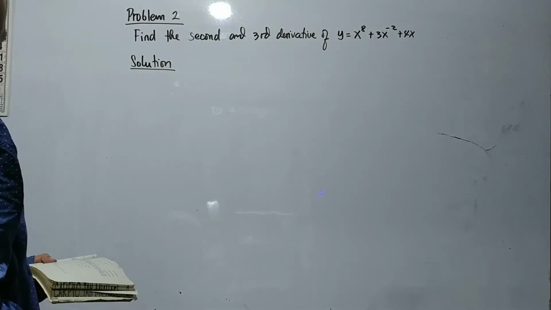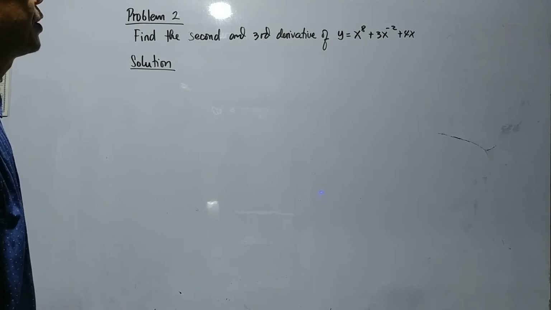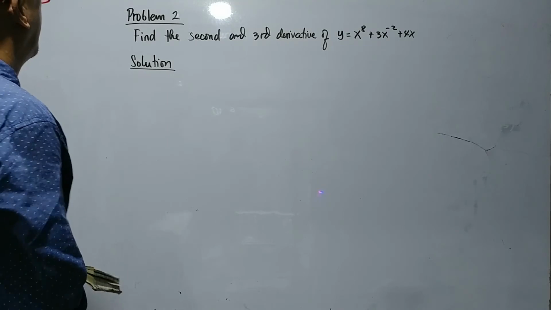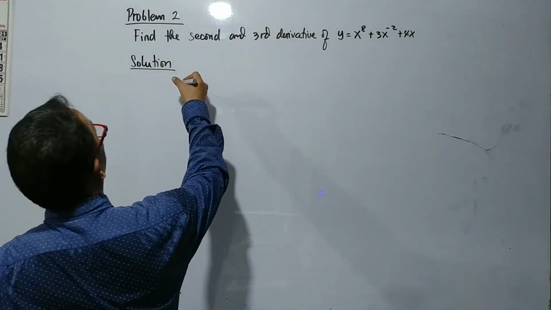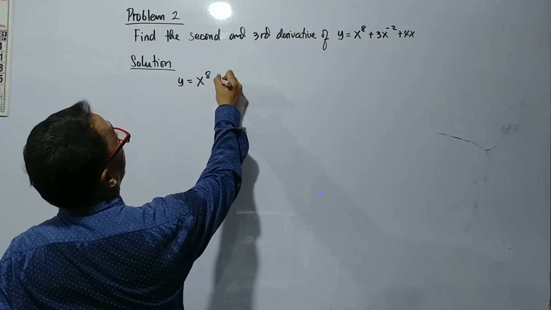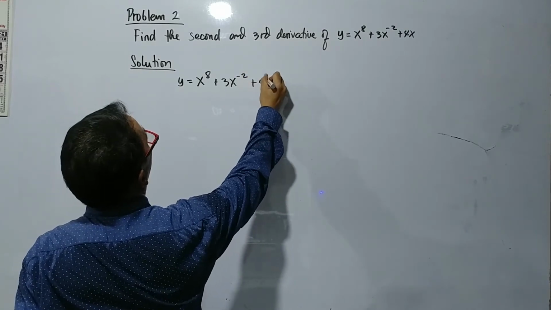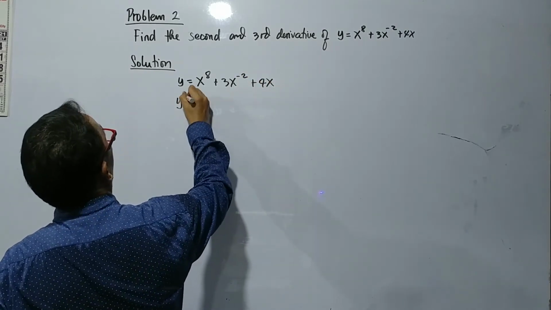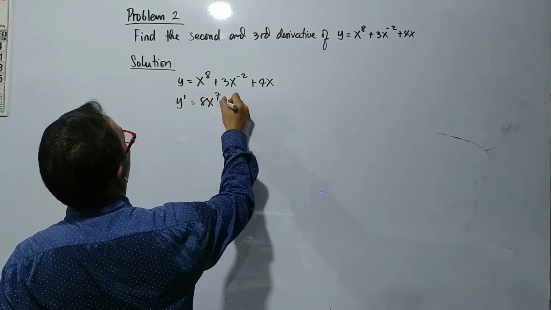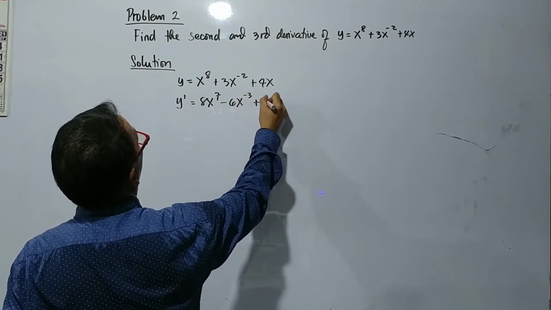For our problem 2, find the second and third derivative of y equals x to the 8 minus 3x to the negative 2 plus 4x. Solution, just write first the problem. Our y prime, the first derivative, is 8x to the 7 minus 6x to the negative 3 plus 4.